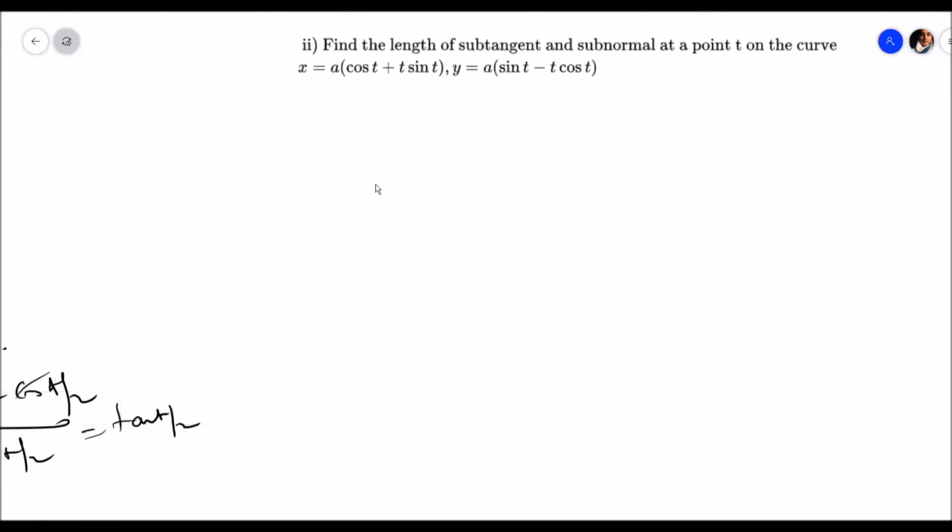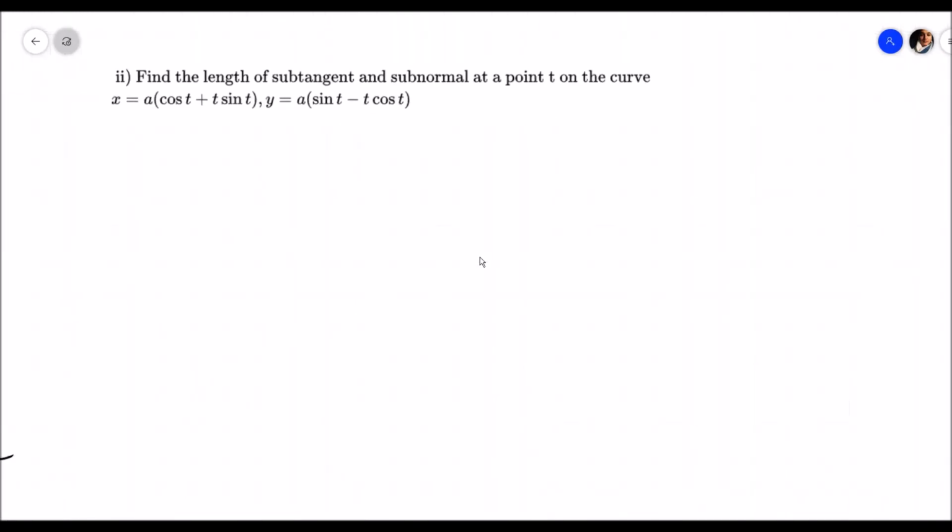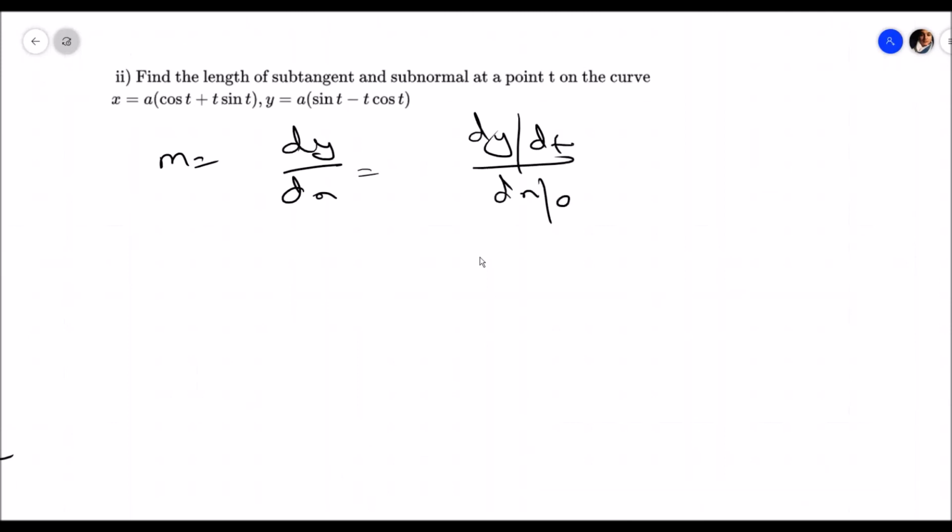Then the last problem, which is also similar to what you've done, but all you need to find out are only the subtangent and subnormal. Let's do that. So again, for that you need to find out m, which is dy by dx, which you can find by parametric differentiation: dy by dt by dx by dt. So dy by dt is nothing but d by dt of a sin t minus a t cos t.